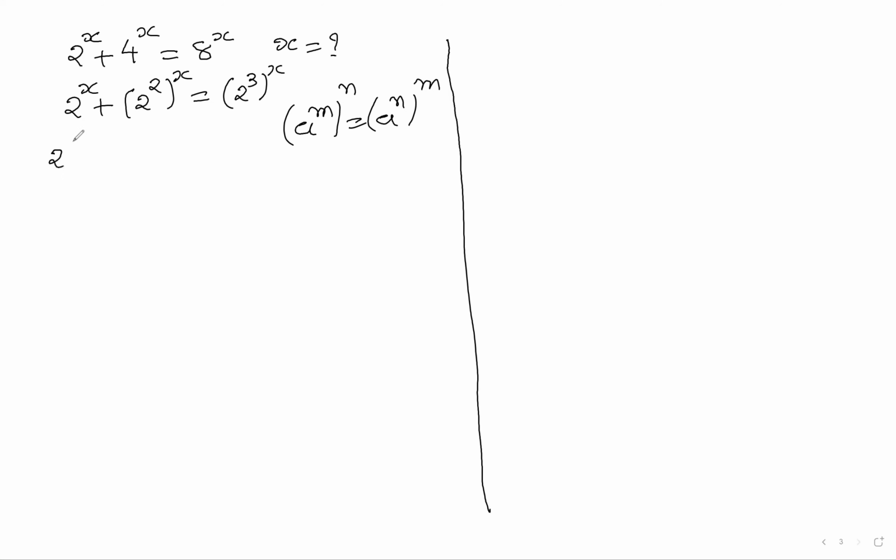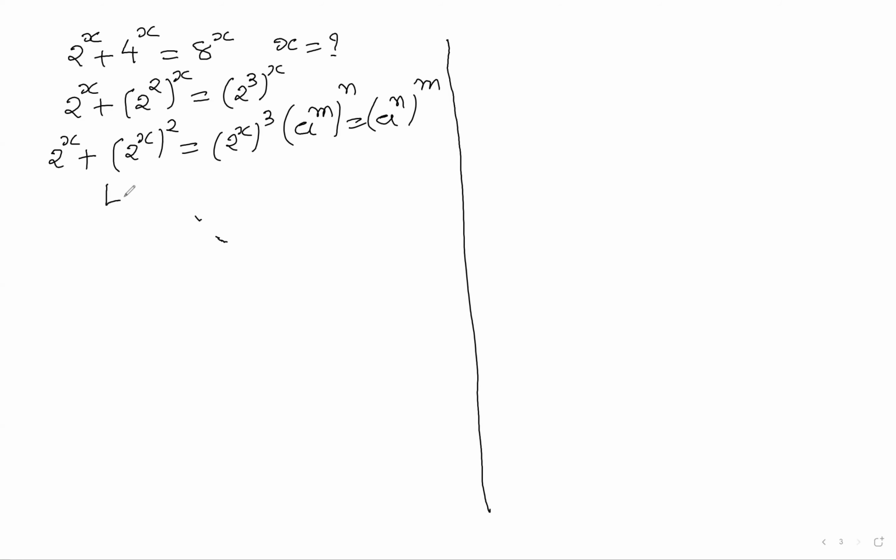So 2 power x plus 2 power 2 and then x, I'm going to write that as 2 power x and then power 2. So 2 and x I'm switching. In the next one, I'm going to write 2 power x and then power 3.